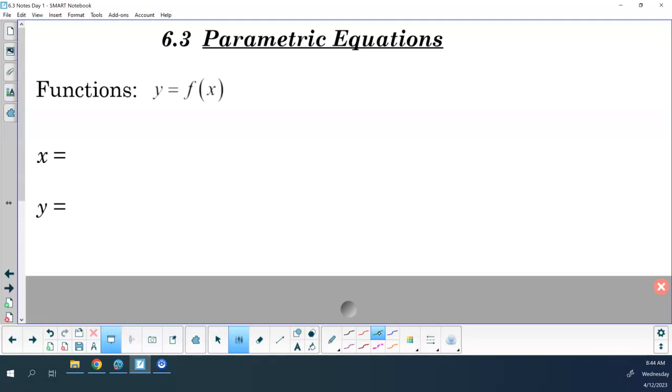Well, when you were doing that, and you were experts at that, you would be taking some kind of an input, your independent variable, if you will, your domain, if you will, all 3 different ways that we can say the x value. Inputs, independent variables, domains, all that fun stuff.